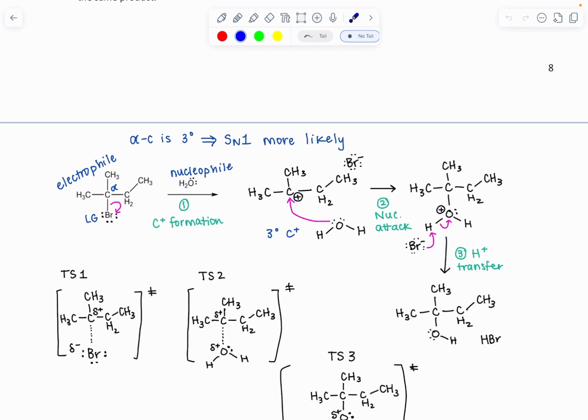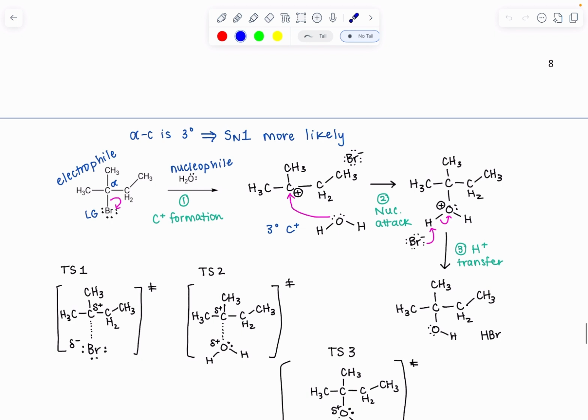So that would make SN2 very difficult or very slow for the nucleophile to bond at the same time that the leaving group leaves. It is more likely for the leaving group to leave, form a tertiary carbocation, and then the nucleophile bonds to the carbocation. We finish the reaction with a proton transfer to neutralize the final product. We get this alcohol product.